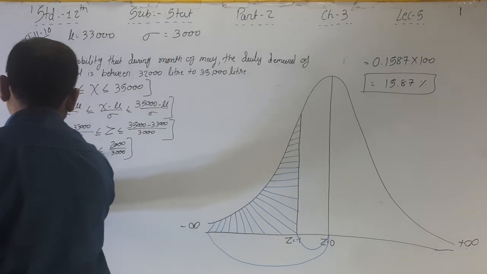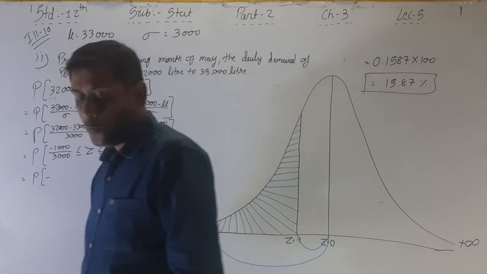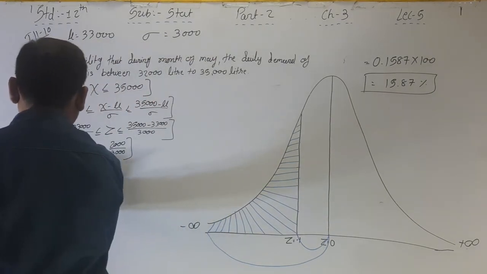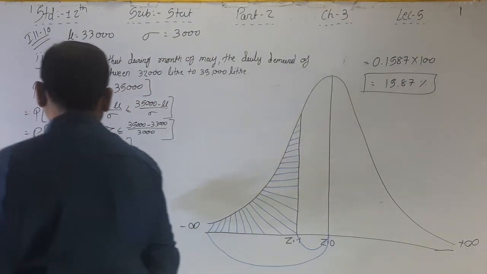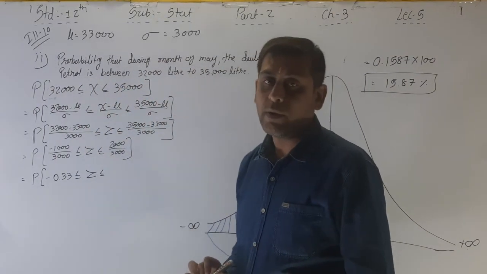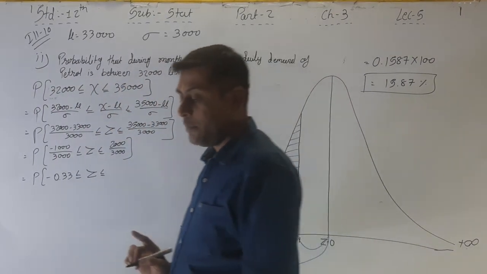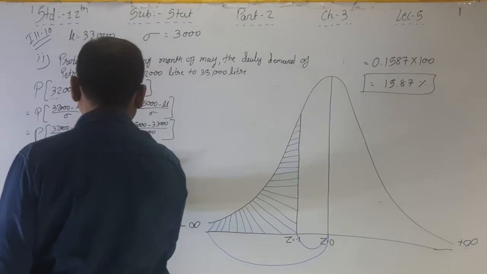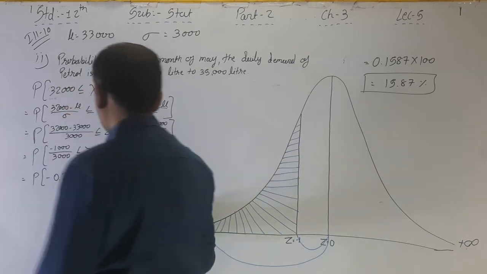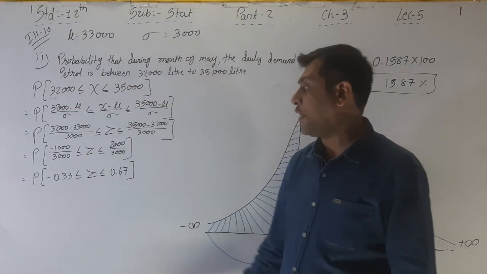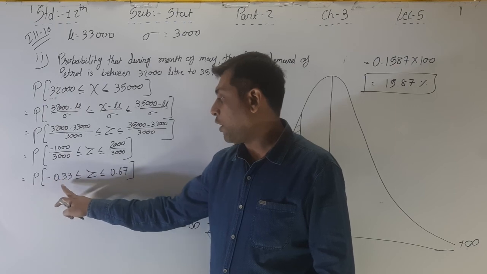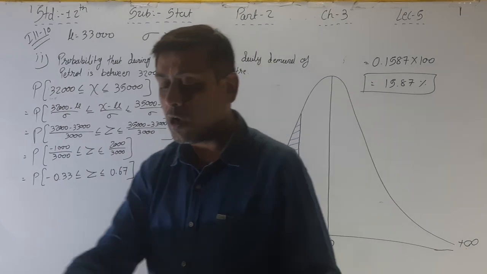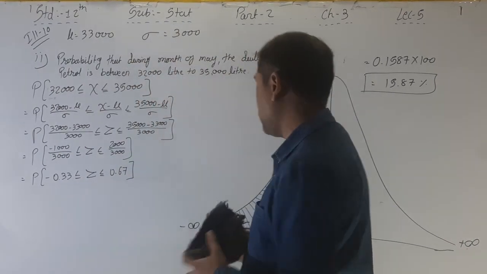So the value is minus 0.33 less than or equal to z less than or equal to 2,000 divided by 3,000, that is 0.67, but it is positive. So negative to positive, we have to find out the probability of minus 0.33 to plus 0.67. So the area lies on both the sides.